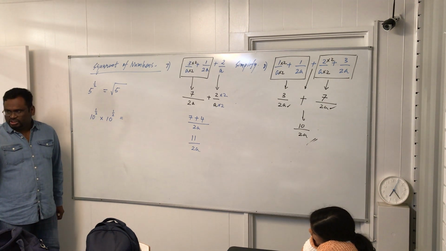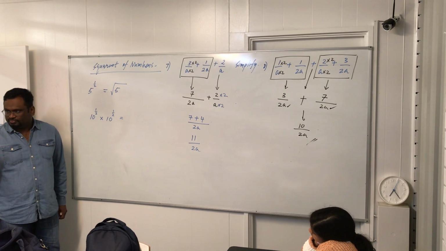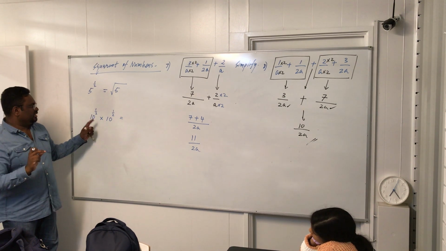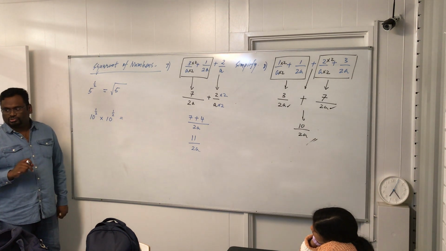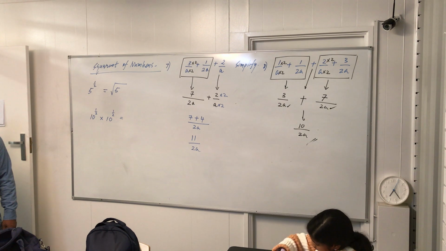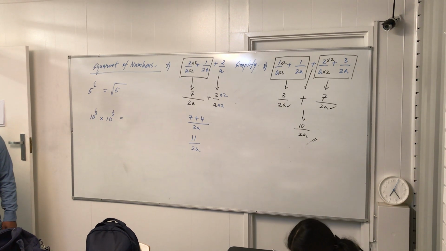Use the basic knowledge I have taught you, index laws 1, 2, 3, and try to approach this question: 10 half times 10 half. Just tell me. 100? Correct, but can you approach that in a different way?